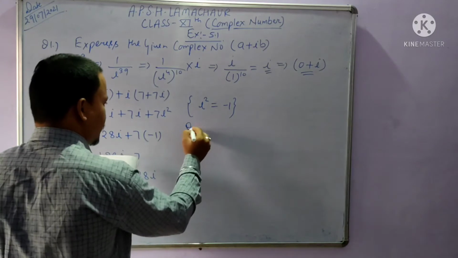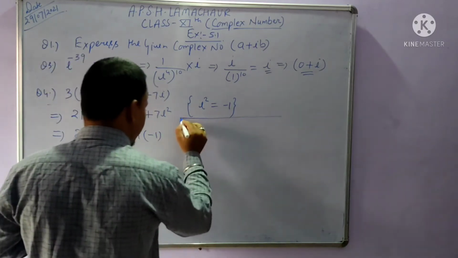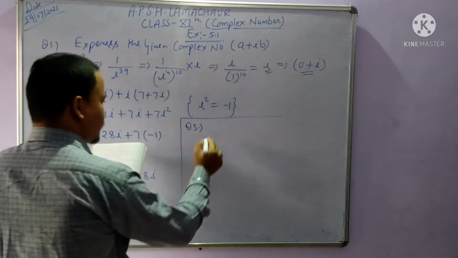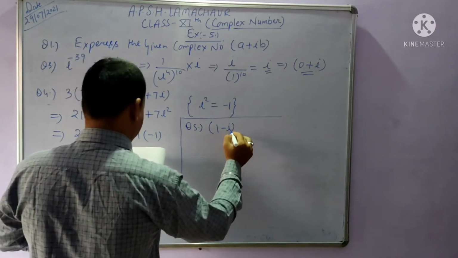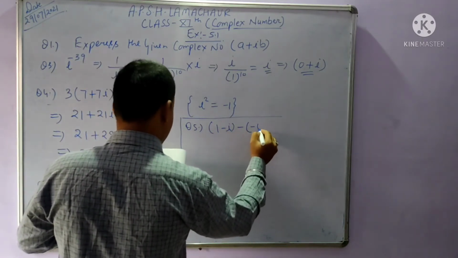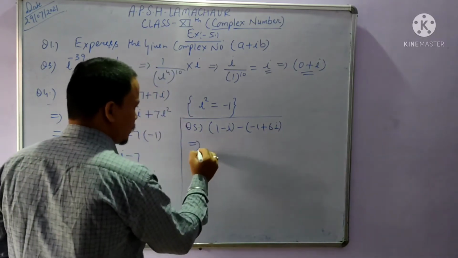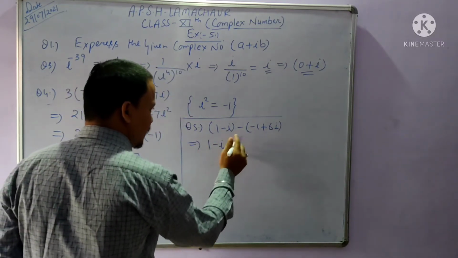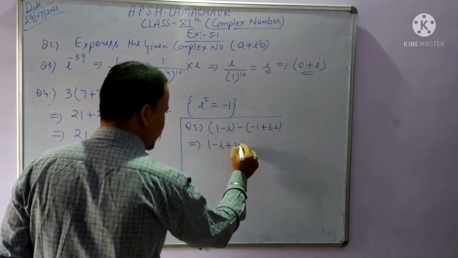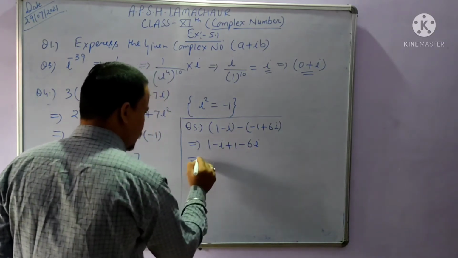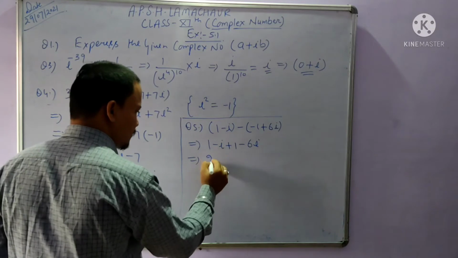And question number 5 is 1 minus i minus 1 plus 6i. So this is the question. Now see, 1 minus i, this will be minus plus 1 and this will again be minus 6i. Now see, plus 1, this will be plus 2.